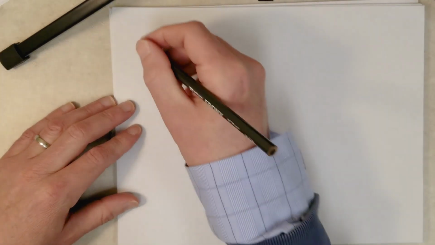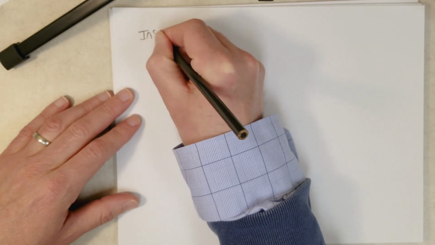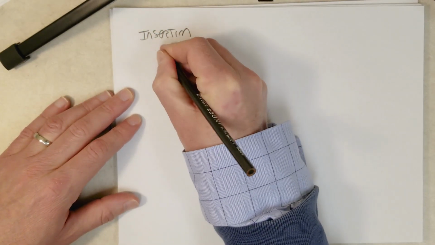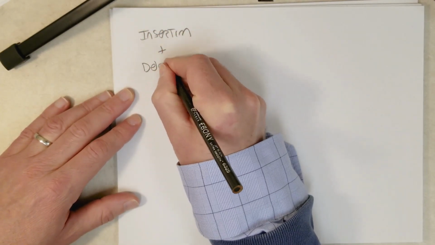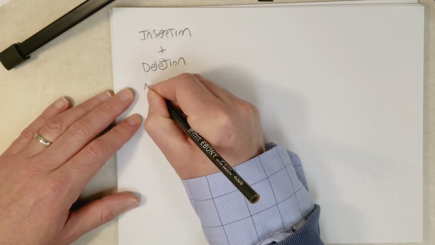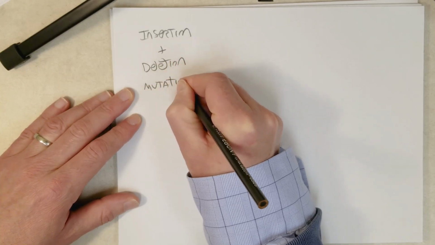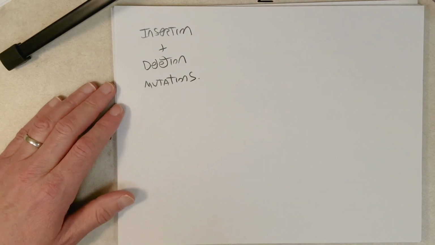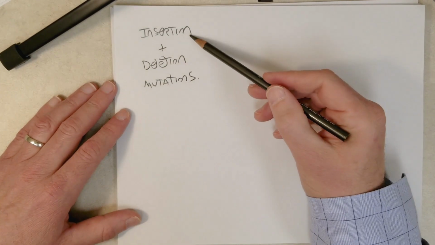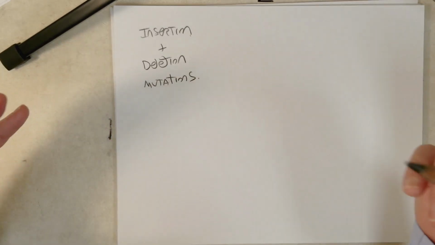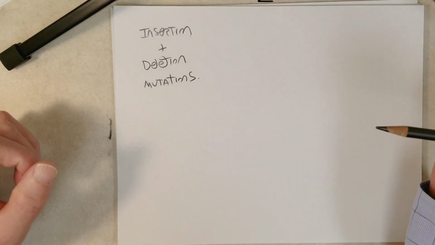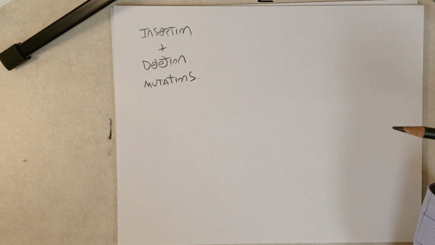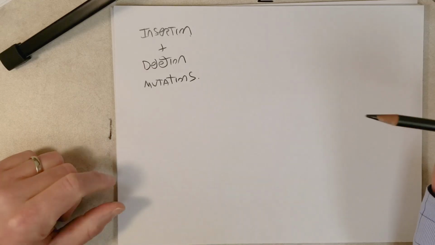Now, we have insertion and deletion mutations. Right, so those aren't point mutations. We're not changing specific bases from one base to another. Insertion mutations are we're inserting bases or nucleotides into a sequence, inserting nucleotides that weren't there.